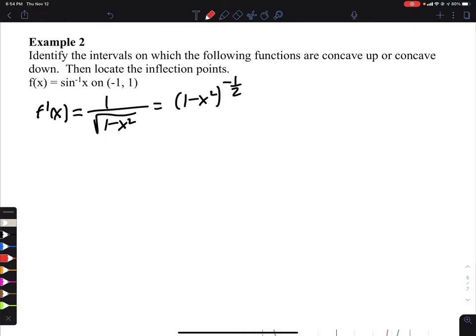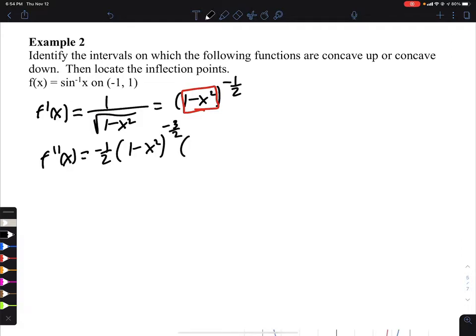Well, we're going to use the chain rule to find the second derivative. So it's box to the negative 1/2. We bring the negative 1/2 in front. We have box, we subtract 1 from the exponent here, and we get negative 3/2, times the derivative of box, which is negative 2x, not squared, just negative 2x. The 2's cancel. The negative and negative become positive.